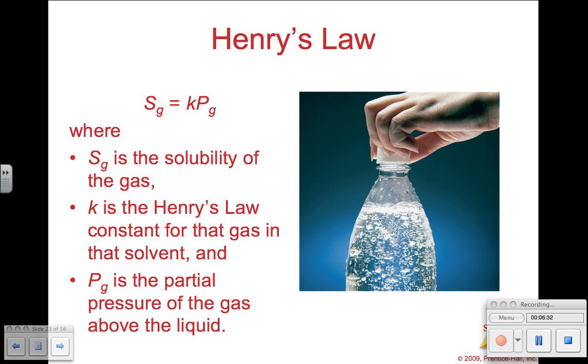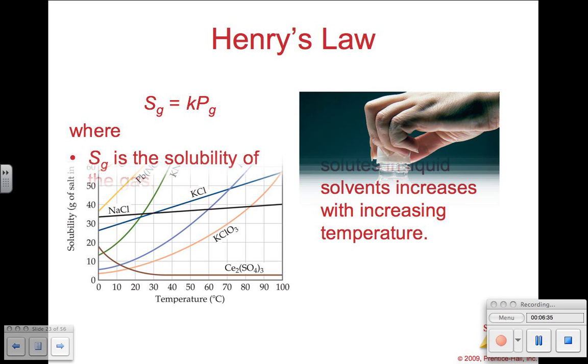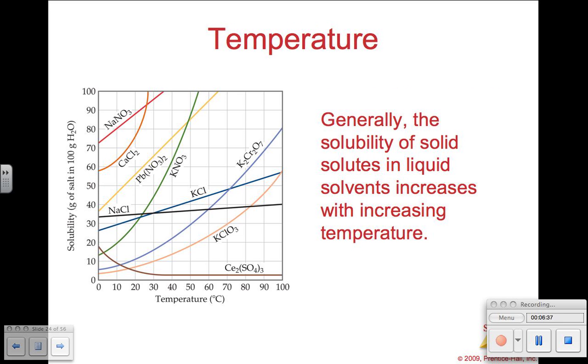All right, today in class I talked just a little bit about how the solubility of a substance is dependent on the temperature. As the temperature increases, the solubility of a solid solute increases. The only one that breaks that rule is the what?